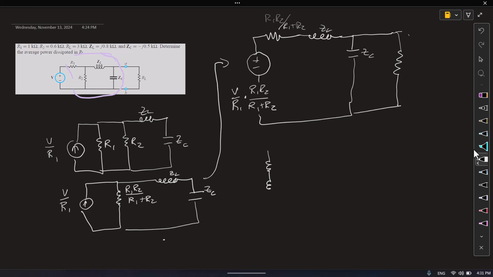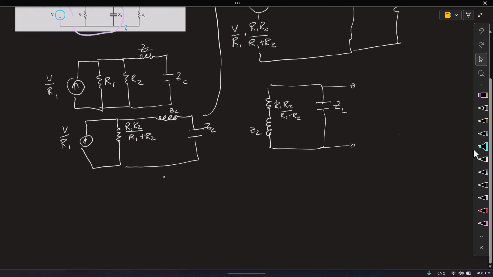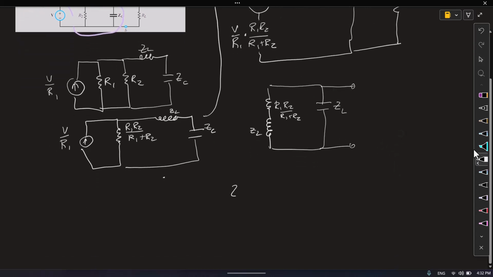So I have this resistor and the inductor in parallel with the capacitor from the point of view of the load.